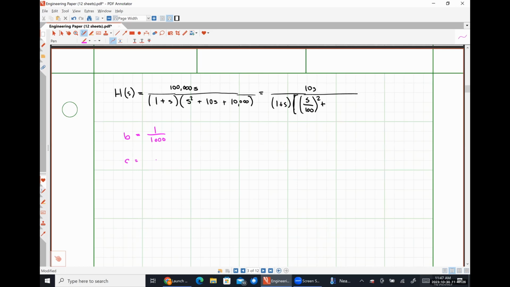C was 10,000, which means ω₀ is 100 because that's just the square root of C. Zeta was B. That was our original B. Well, hold on.